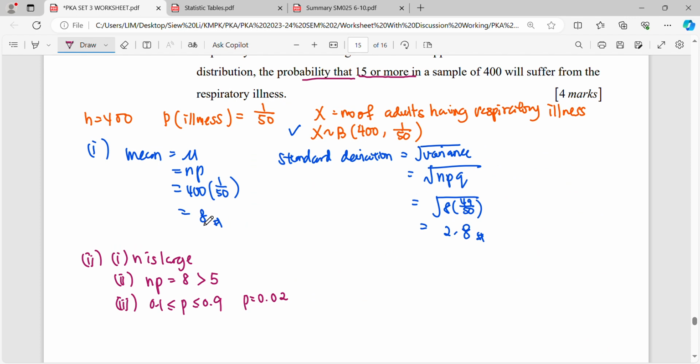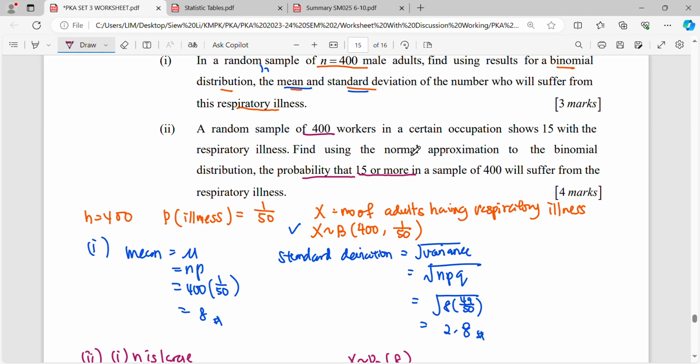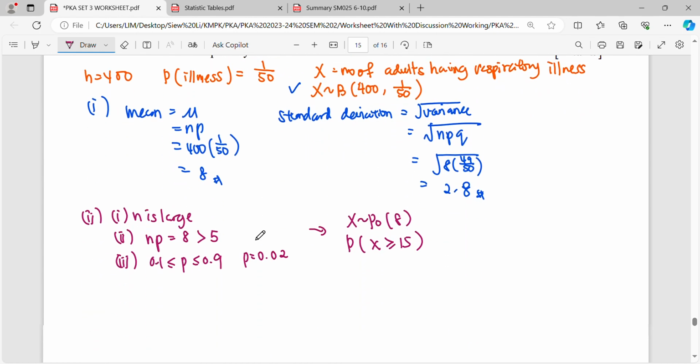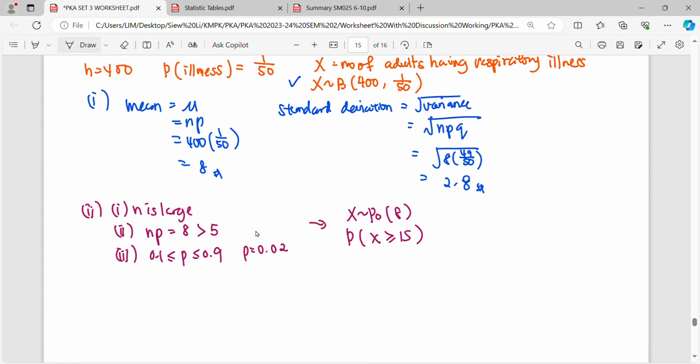Alright, so if following the correct teaching, we should answer using Poisson, where finding the probability more than or equal to 15, based on the situation we have. But the question asks us to change to normal, so we follow the question, change to normal. So X is distributed normal with mean 8 and standard deviation 2.8 squared for variance.